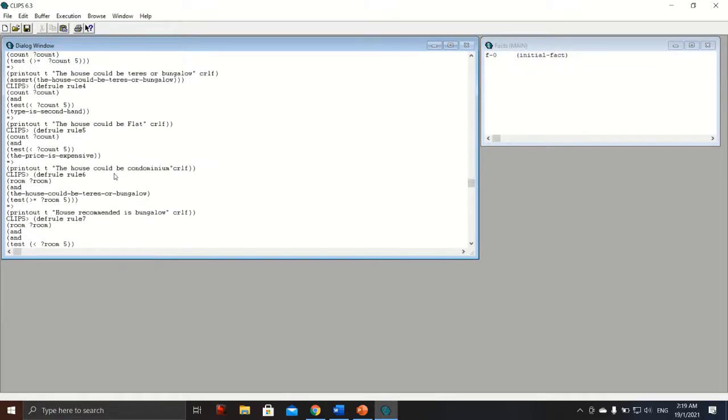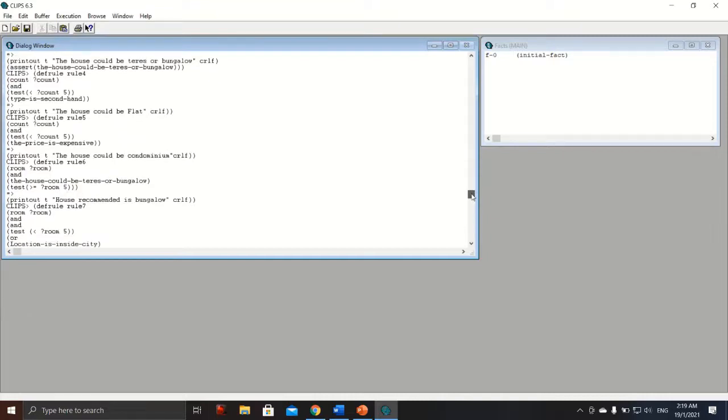here the user enters the details about the rooms for the house recommendation system. If the number of rooms is more than or equal to 5 and the house could be terrace or bungalow, then the output would be that the house recommended is bungalow, because the number of rooms is more than 5.